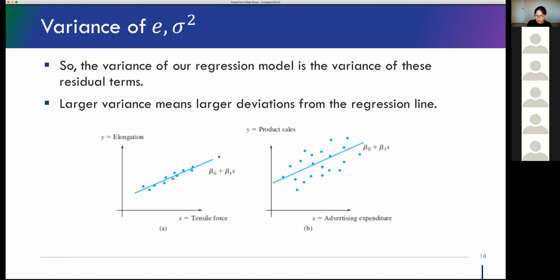For this plot, the variance is relatively large, because, by the way, we're assuming the scales of the two plots are the same, those points are further from the regression line.